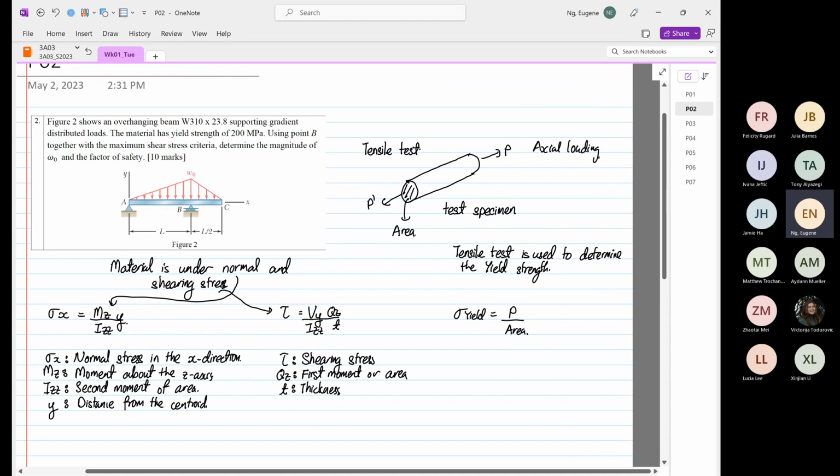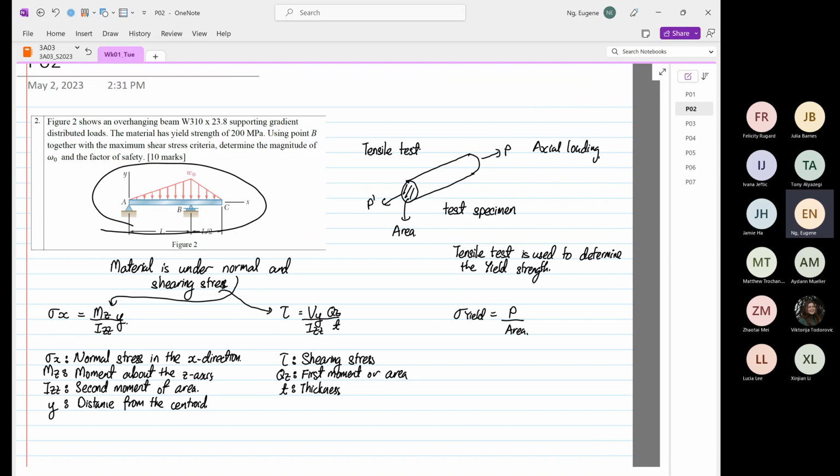When we load a structure based on this configuration, we have bending moment, which is on the left-hand side. So this one is what we call stress induced by bending moment. And then we have stress induced by shearing stress.